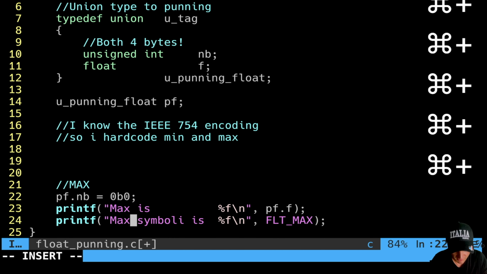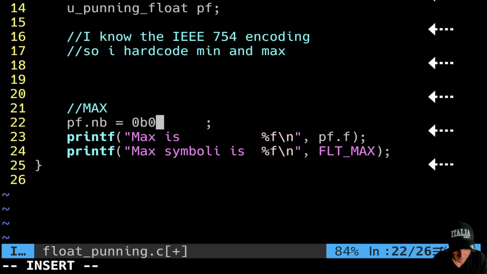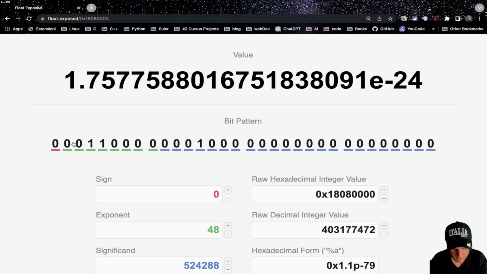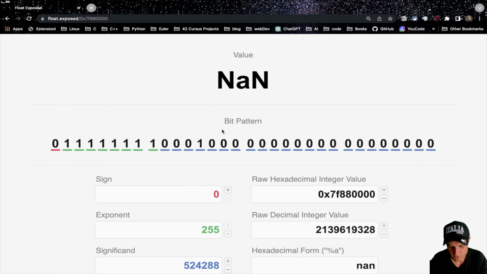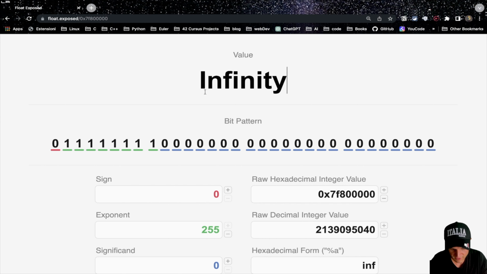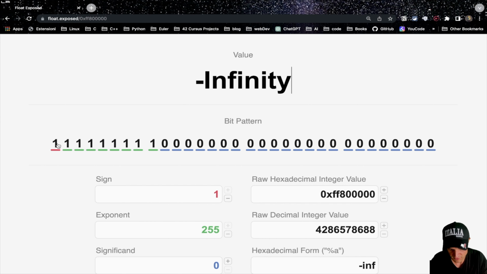Let's make it a little bigger. So it's going to be a positive max. Then I have 8 bits, which are for the exponent. You know that when all the bits are turned on, this is a special case for infinity or not a number. Here I have not a number because I have 1 bit turned on in the mantissa. In other cases, I have infinity or minus infinity.